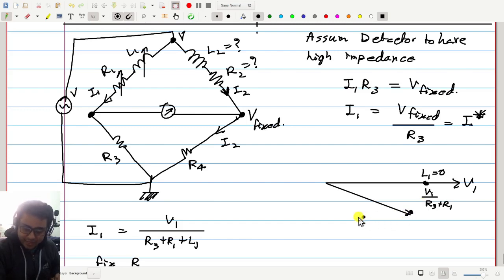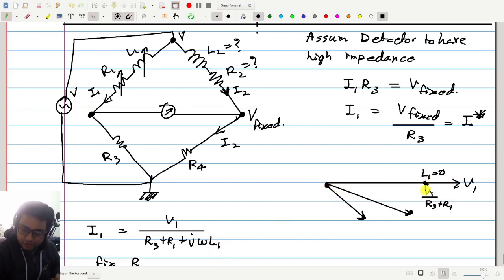At the same time, the magnitude of the current will decrease, because the overall impedance increases. When you go for a very high L1, the current will be nearly 0 but 90° lagging.